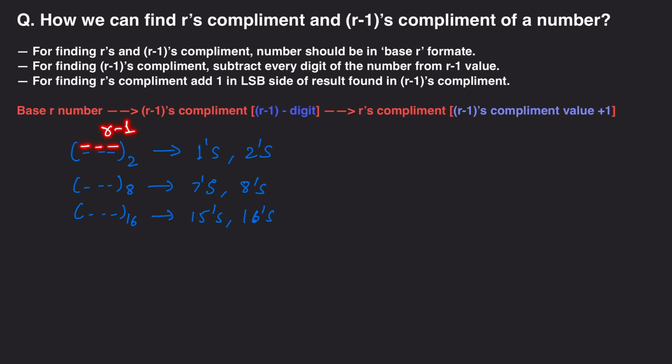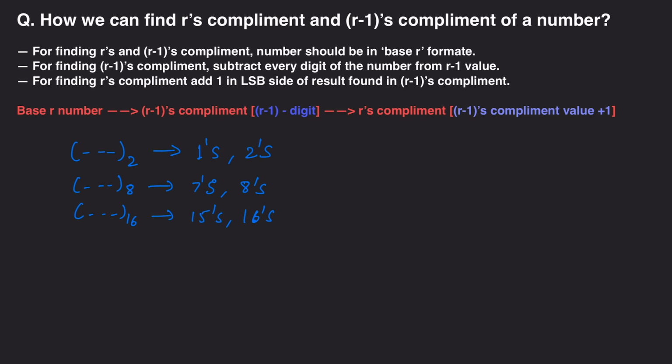R minus 1 value means, if we have to find one's complement, every digit is subtracted from the value 1, that is 111. And if we have to find 7's complement, where the base is r equal to 8, every digit written as a number in base 8 format should be subtracted from 777, like that.